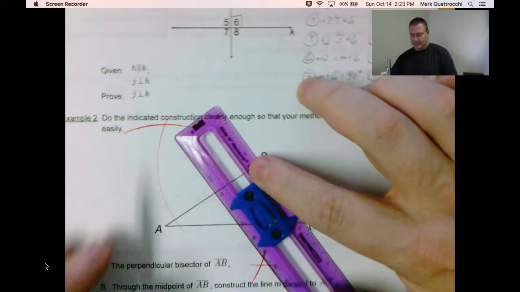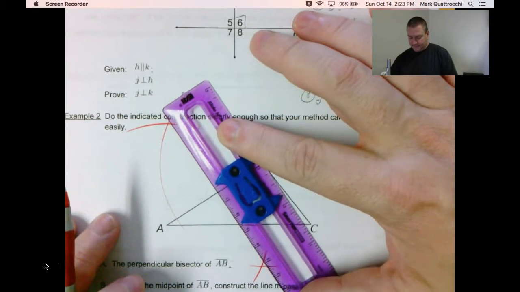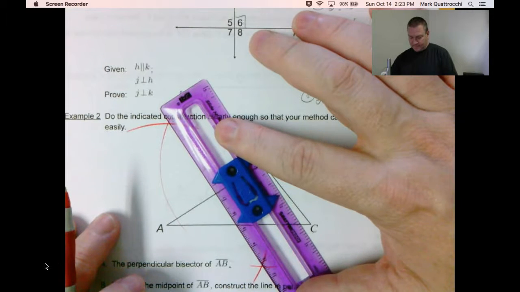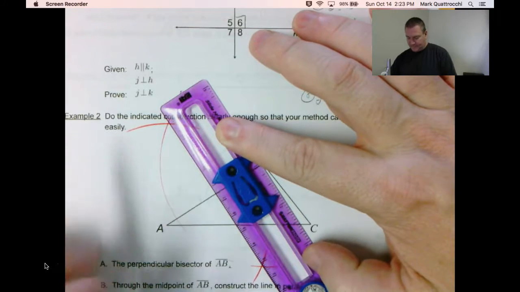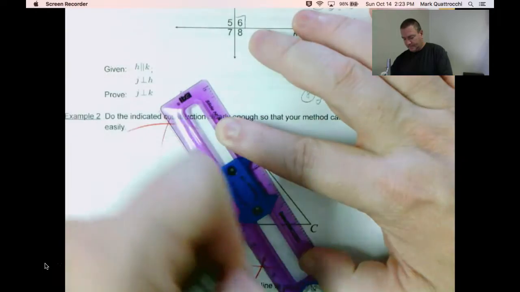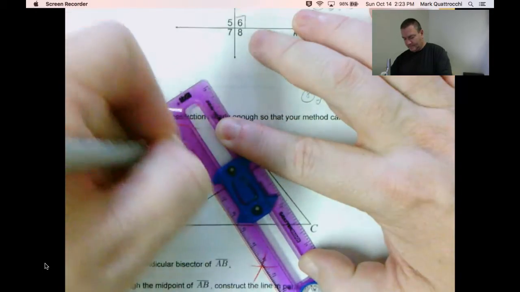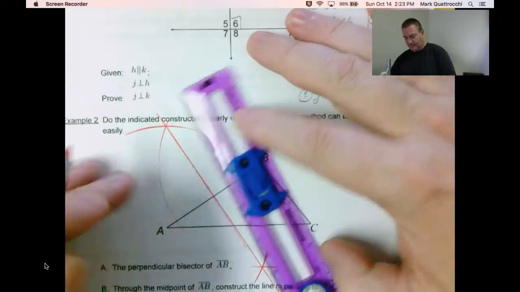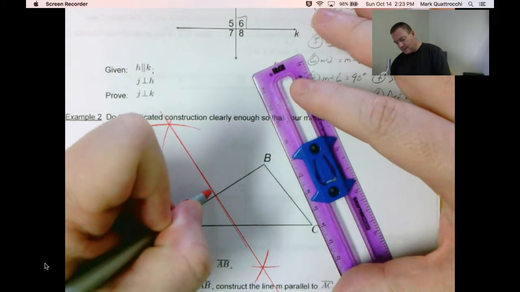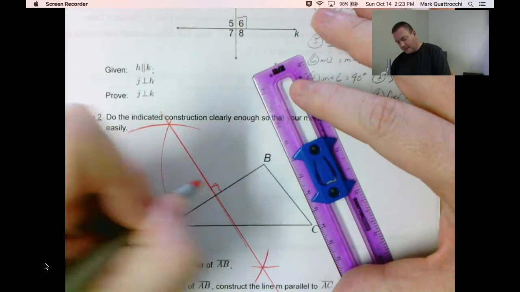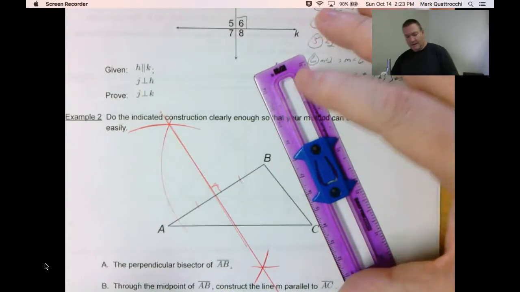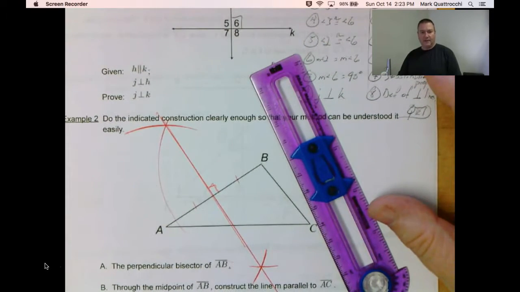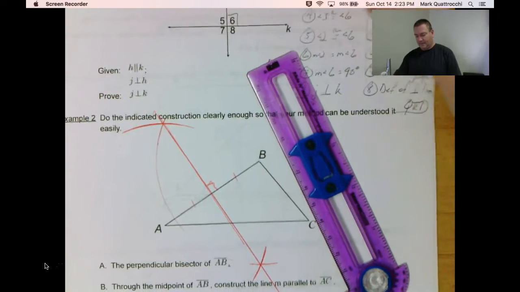Now when I connect these two arcs, I have just created the perpendicular bisector of segment AB. Okay.